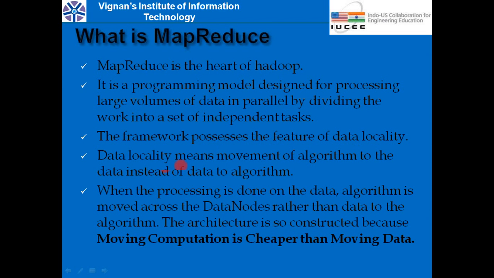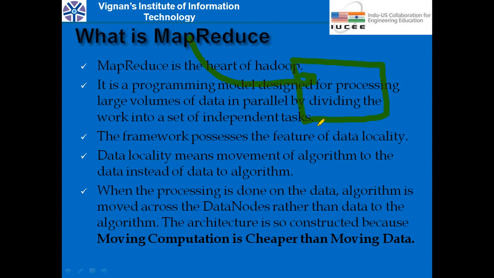The framework possesses the feature of data locality. We already saw the meaning of data locality in the previous webinar. Data locality means movement of the algorithm to the data instead of the data to the algorithm. Just imagine that we have plenty of data. We write the MapReduce algorithm or program, put it onto the data, and on this data the analysis is performed.